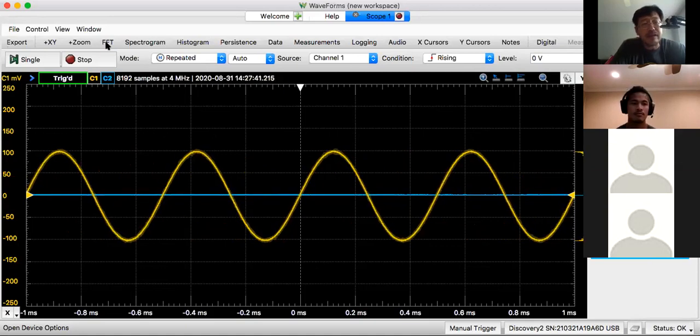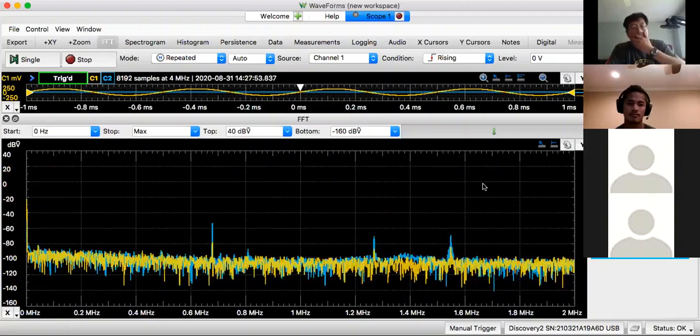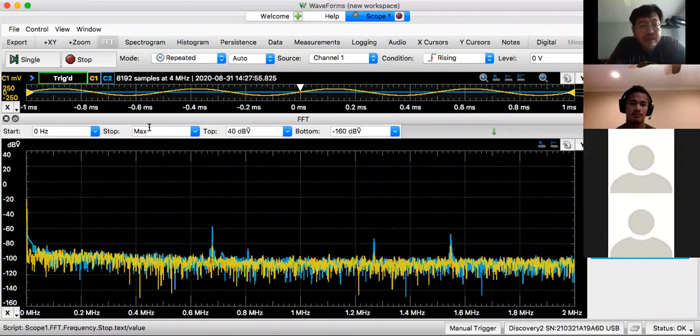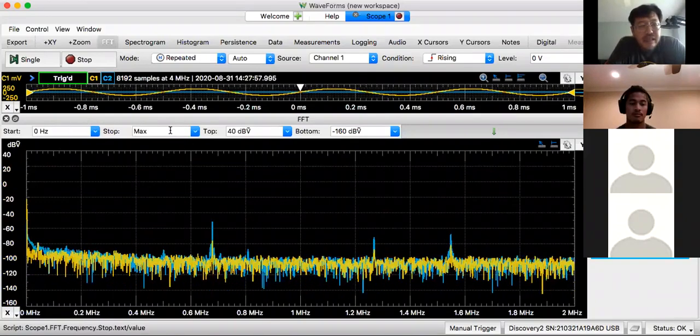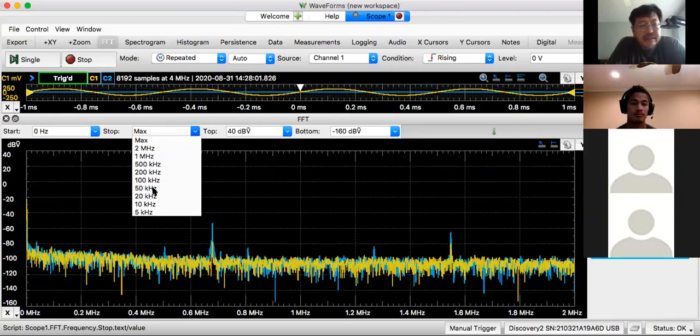Notice up there is a little button, FFT. It's called the Fourier transform, FFT. Once I hit that button, this computer will do the FFT. And let me stop at 50K.